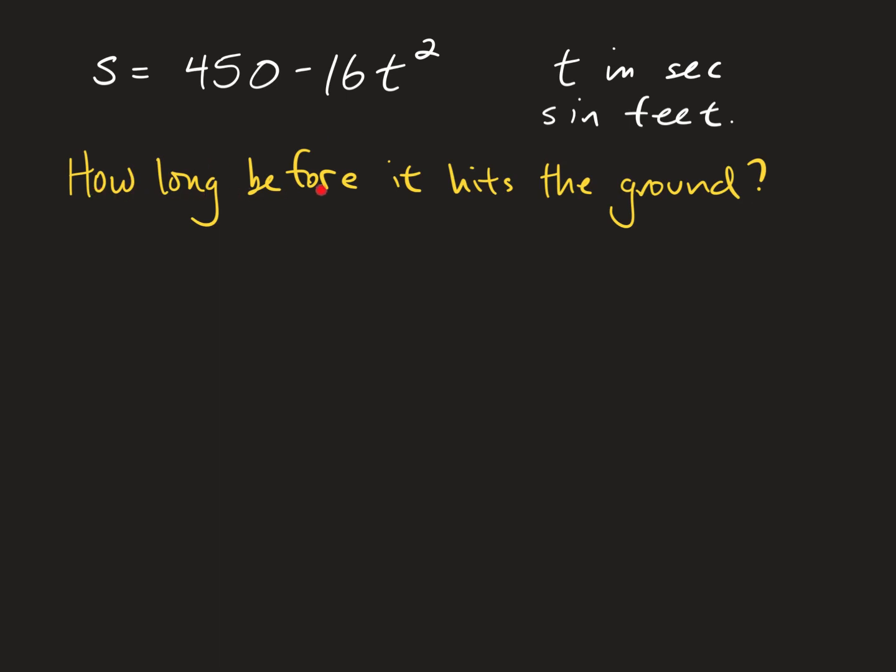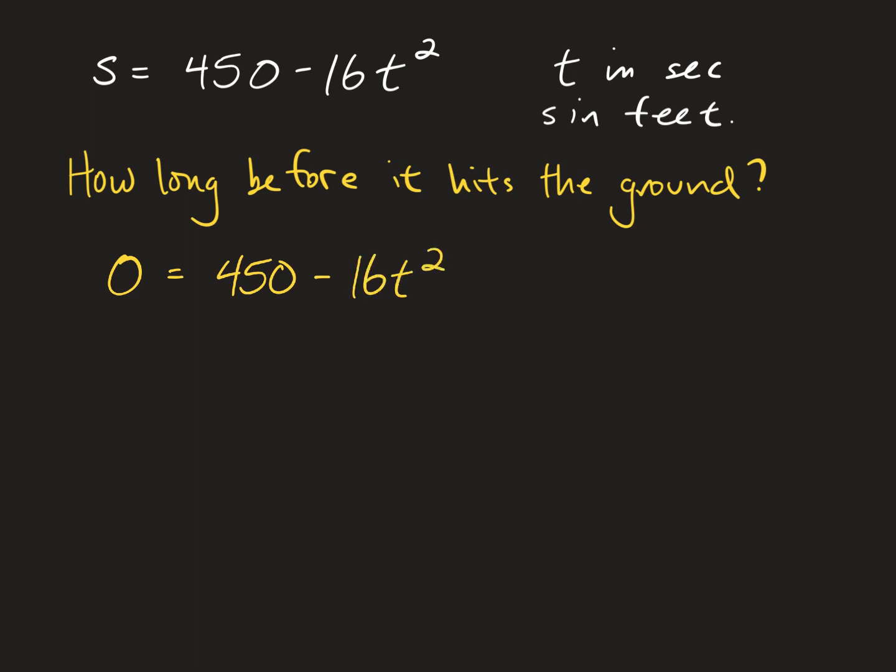But you can also recognize that hitting the ground means the height or the position isn't 450 feet above the ground anymore like when you dropped it, but it is 0. The position is 0 because it hits the ground. So the position would be 0. And we would be solving for time.